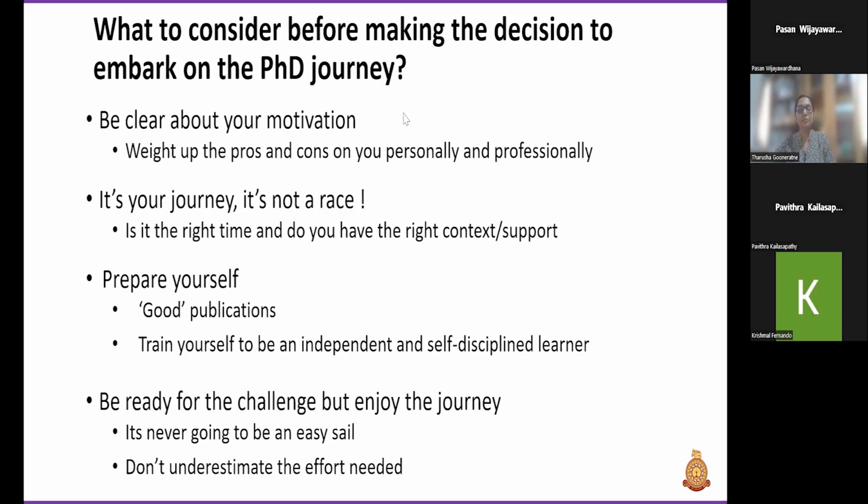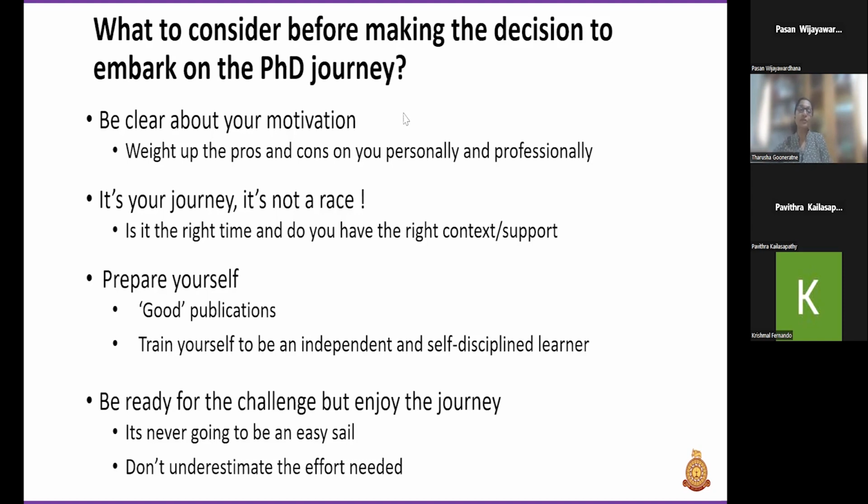So even if, as Pavithra Miss explained, you have to start the process maybe 1 year ahead or so, right now you can think about it. How are you going to equip yourself with a good publication? So think about this point now.